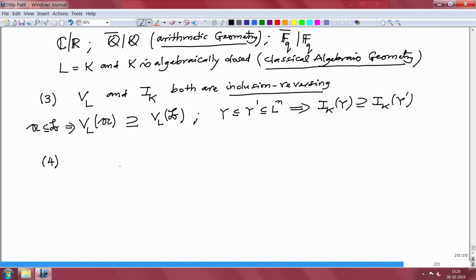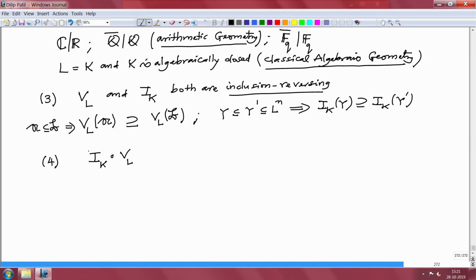is what happens with the composition of I_K composed with V_L. So this is a map from the radical ideals to the K algebraic sets and K algebraic sets to the radical ideals. So this is a map from radical ideals to radical ideals.